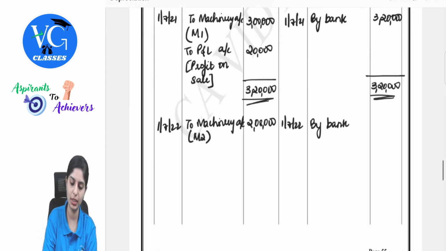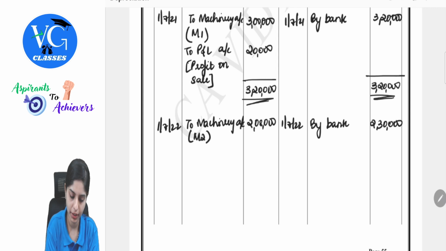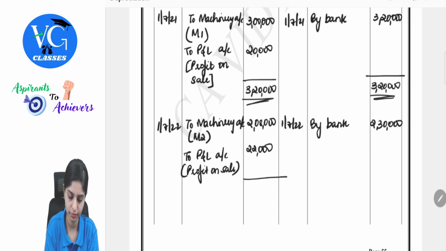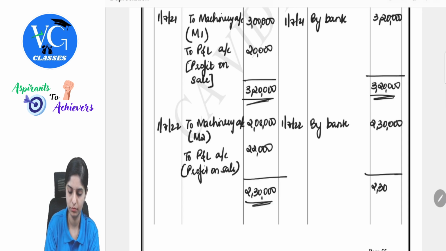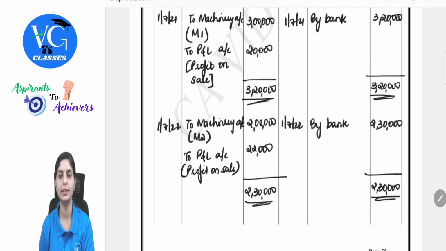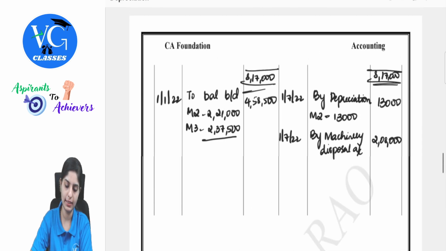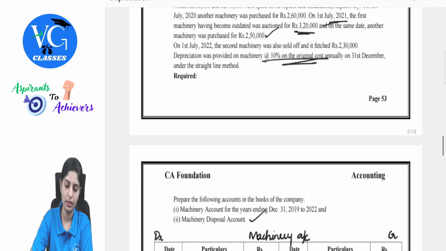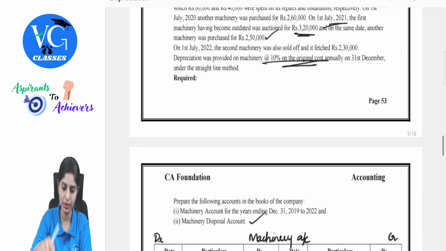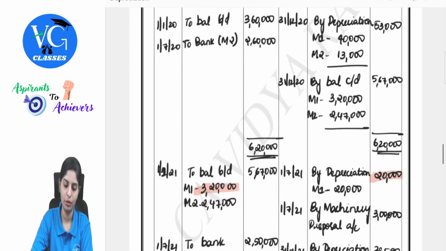So this is also fetching us profit, 22,000 profit to P&L account. 2 lakh 30 and 2,30,000. So we have completed the sale transaction in this. Any other transaction in that particular year? No.